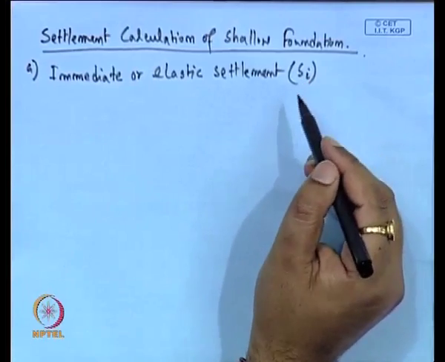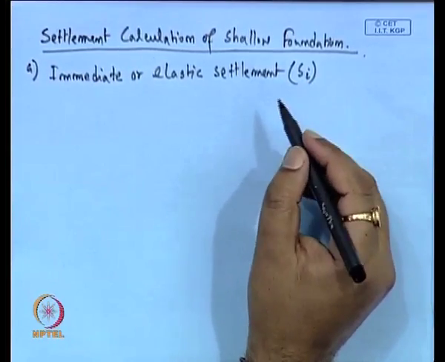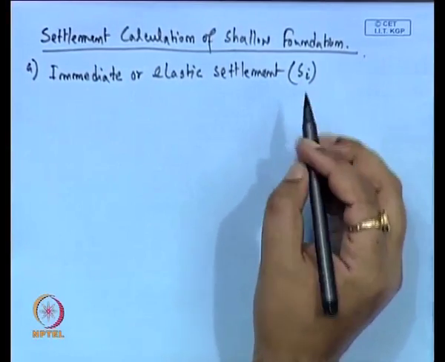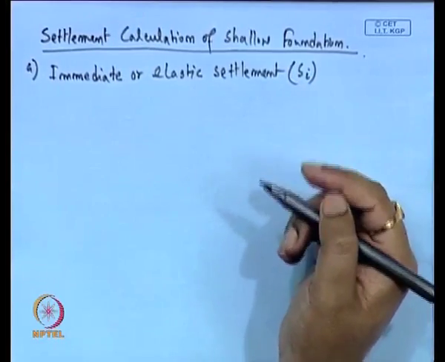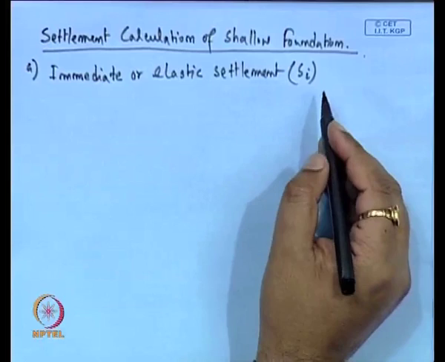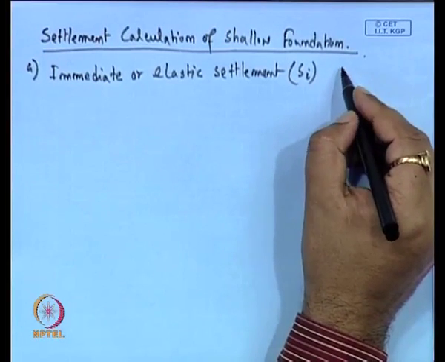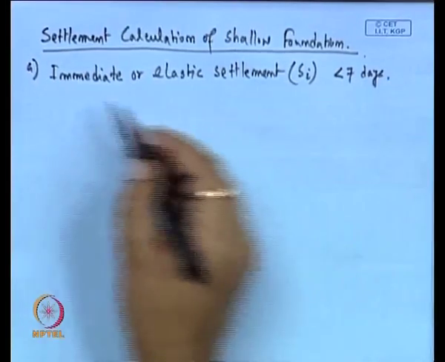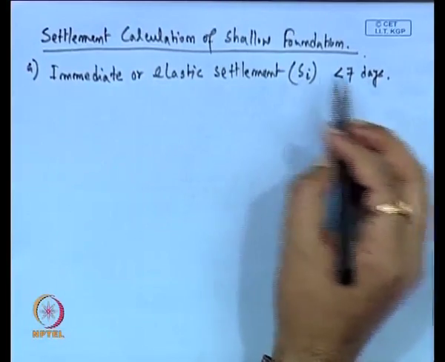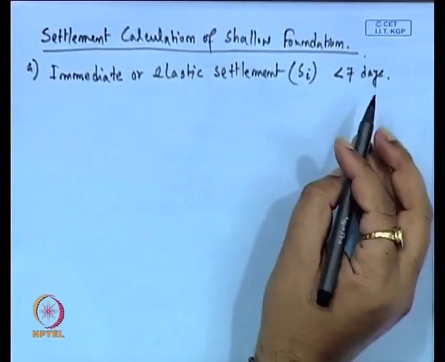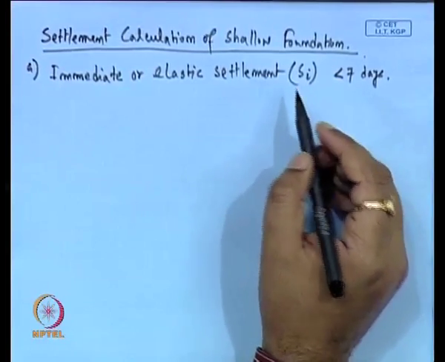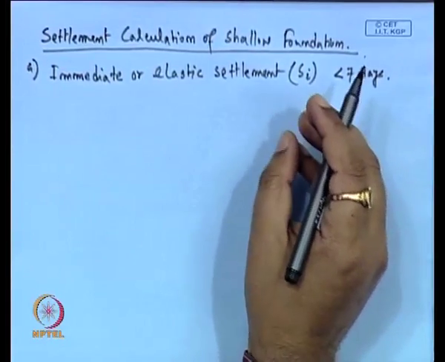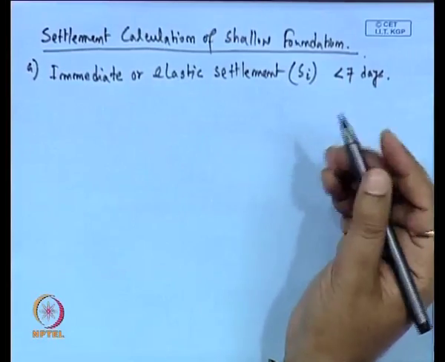When we apply the load on a soil through the foundation, the settlement that occurs immediately after the application of load is called the immediate settlement. Generally, it is completed within 7 days. This settlement is due to the change in the shape of the soil without change in volume.